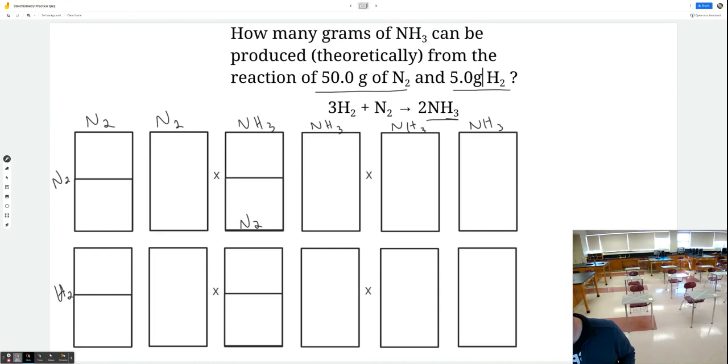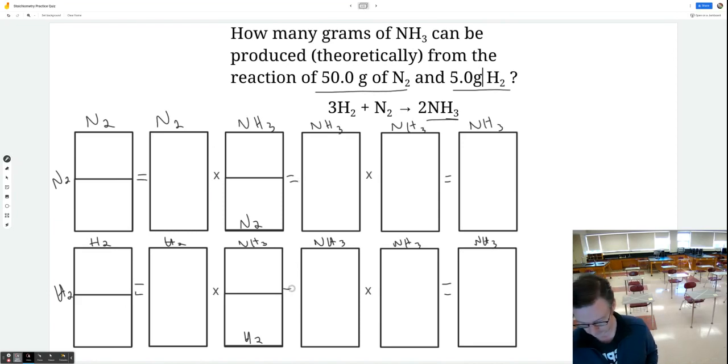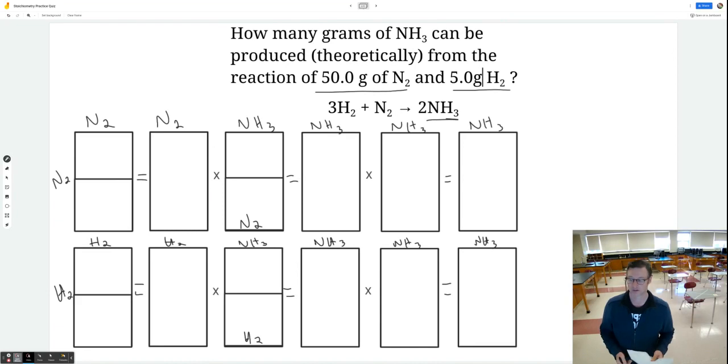On the bottom, I've got H2 here and down here. And then it transitions over to NH3 for the rest of the ride here. Okay, and that's equals here and here. Okay, now we can get to work.